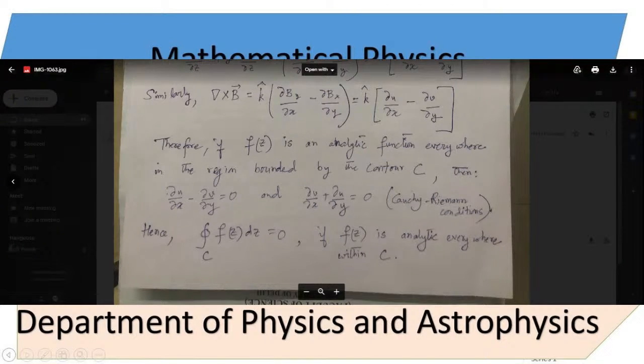So what you do is you think of a sphere which is resting on the complex plane and draw straight lines from any point of the complex plane joining the north pole of the sphere. Okay?